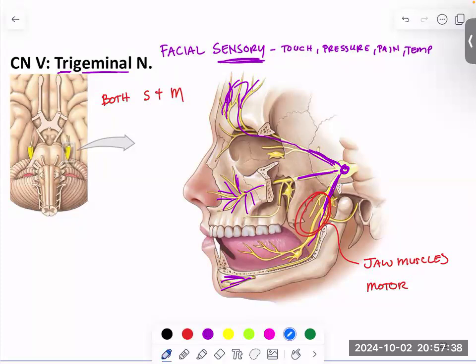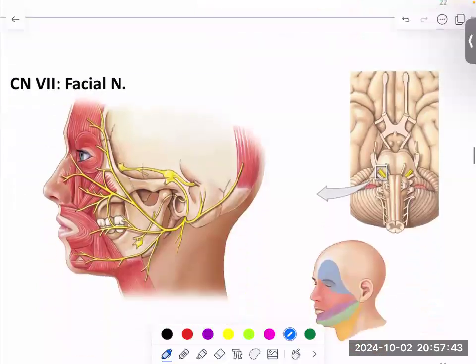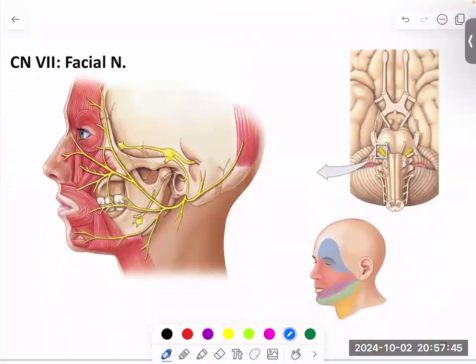Cranial nerve number 7. 6 was abducens, eye movement. Cranial nerve number 7 is your facial nerve. Cranial nerve number 7 comes out to control all of your facial muscles.